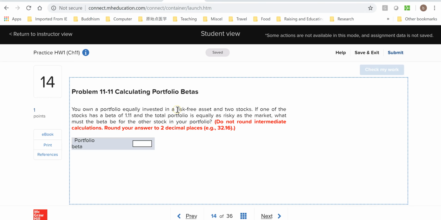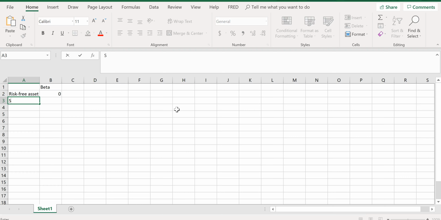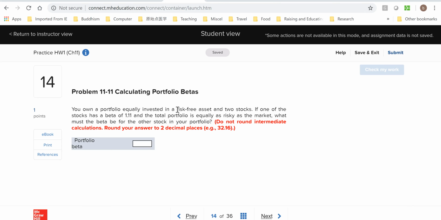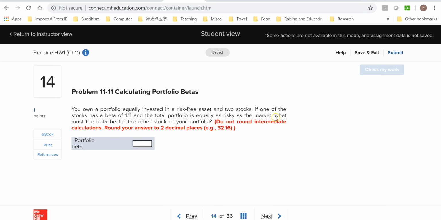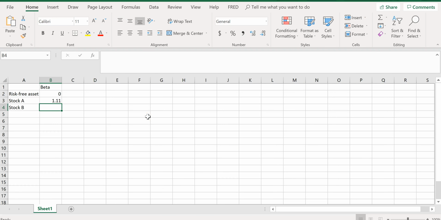And for the two stocks, let me just give them names. Stock A, we assume has a beta of 1.11. You can also assume stock B, it doesn't matter here. The question is asking us what the beta is for the other stock, so that must be stock B.